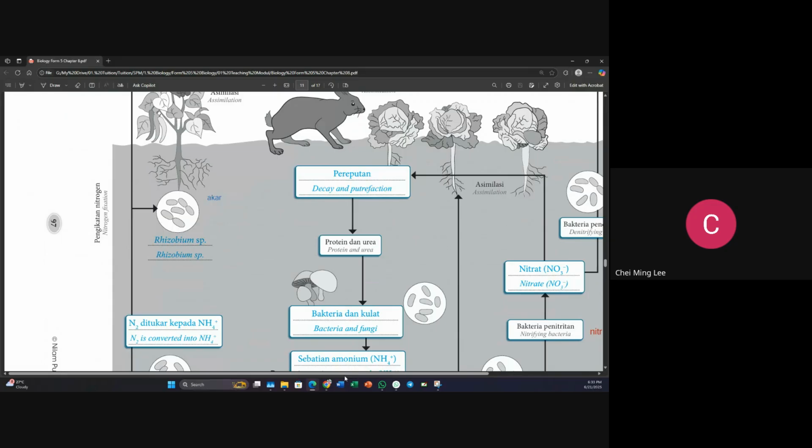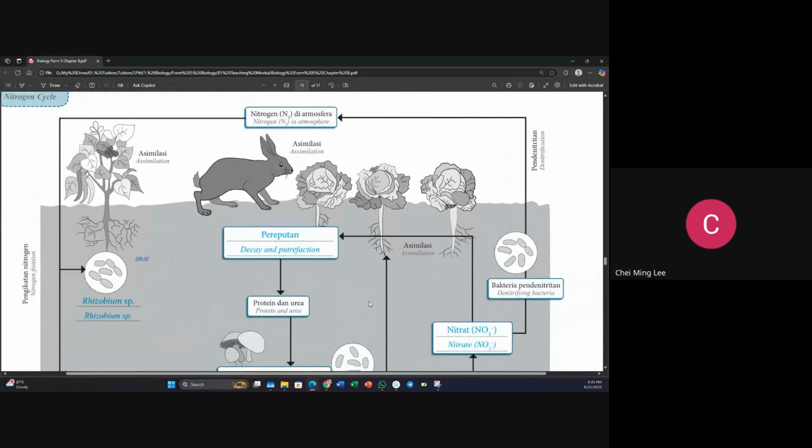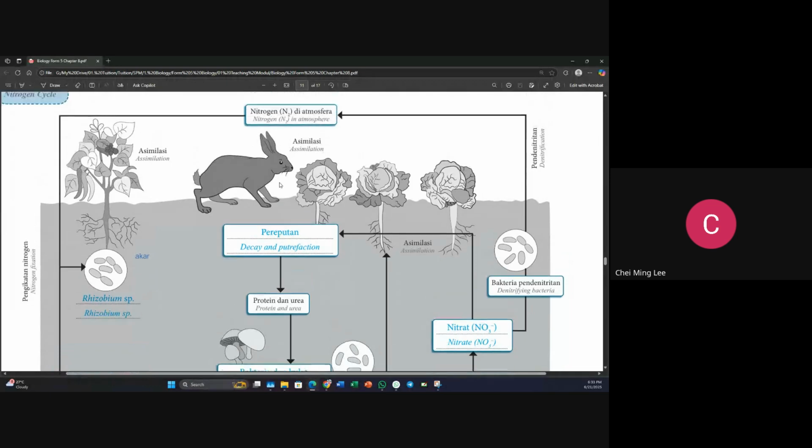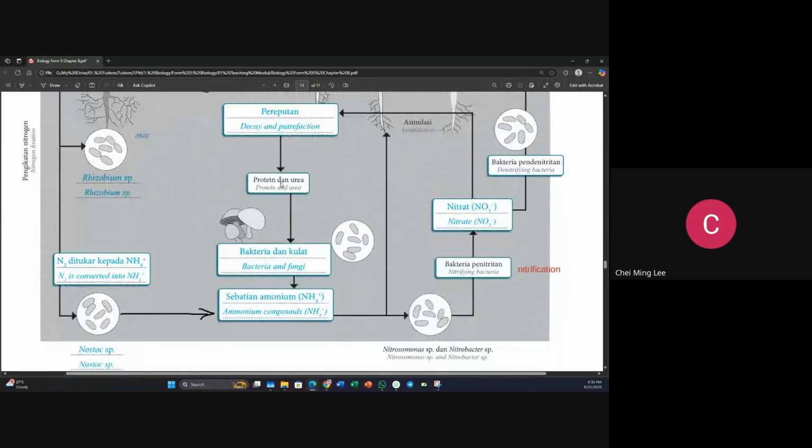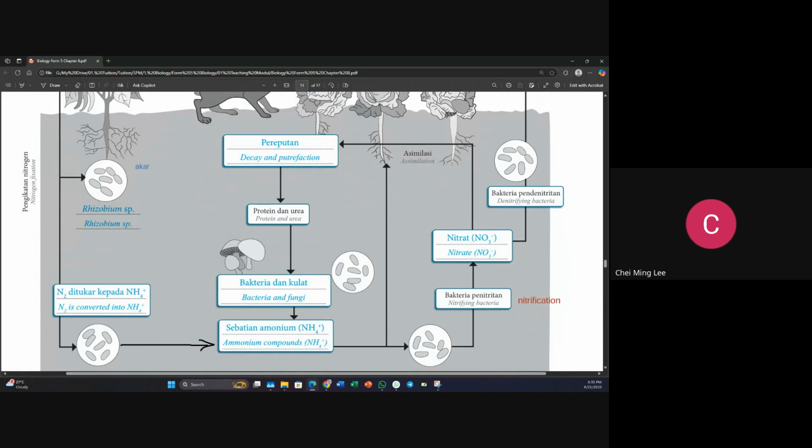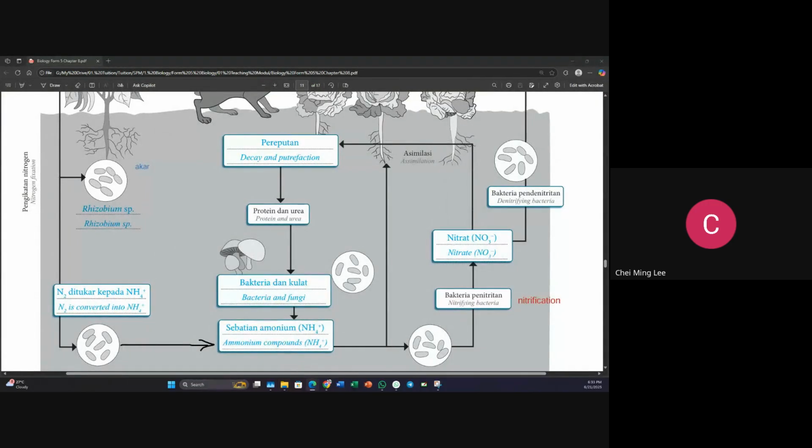Now let's see this is how the nitrogen cycle looks like. Huh? Okay, or maybe I can use your textbook one, because somehow your textbook one seems a bit more clear. Wait, let's check.